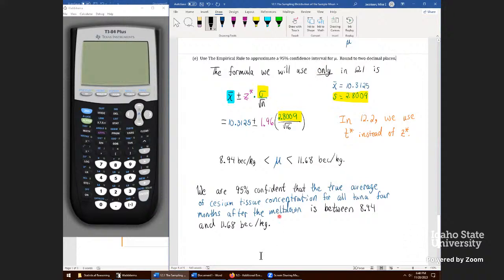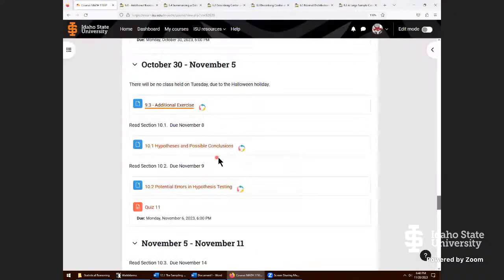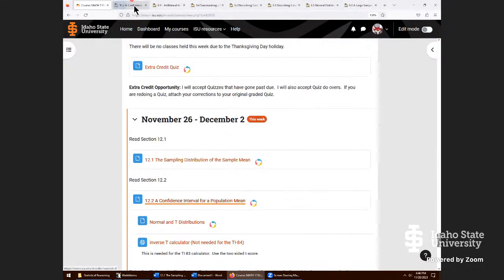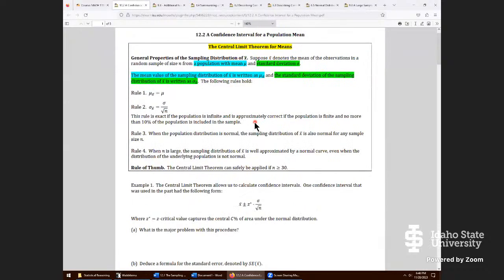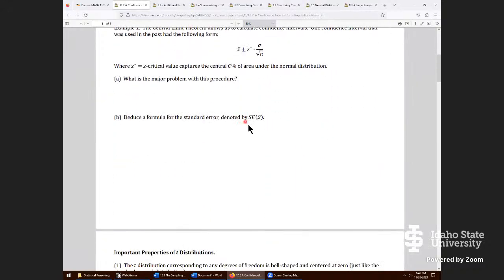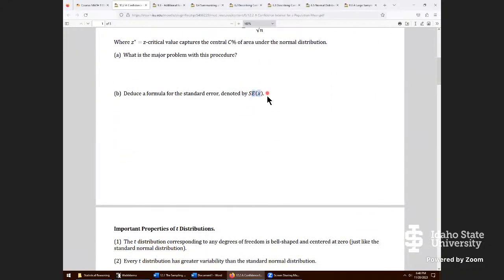Well, the major reason is we're trying to go towards this section right here, confidence interval for a population mean. And we're going to discover that there's a big problem with this. We don't normally know sigma. That problem was an exception, and it's still questionable if they really knew sigma. What we're actually going to do is calculate a standard error.